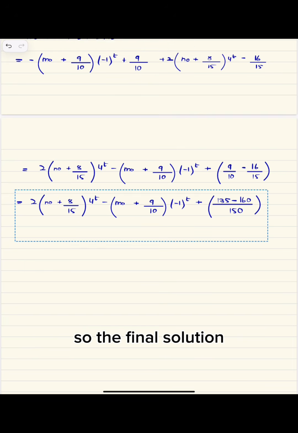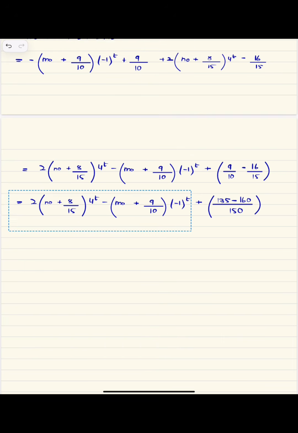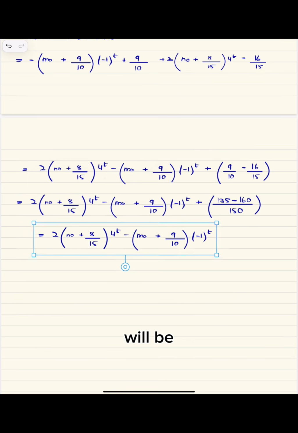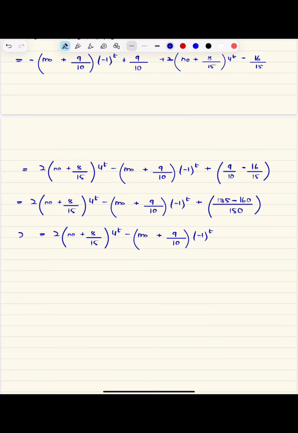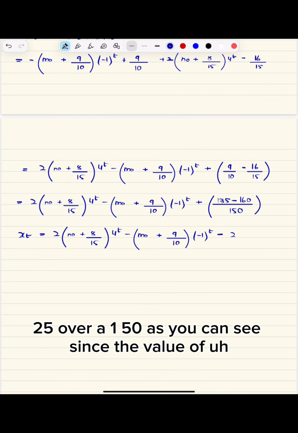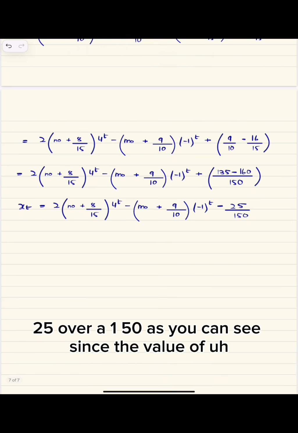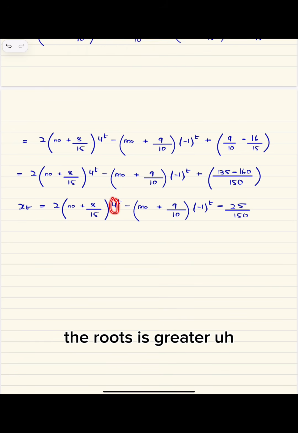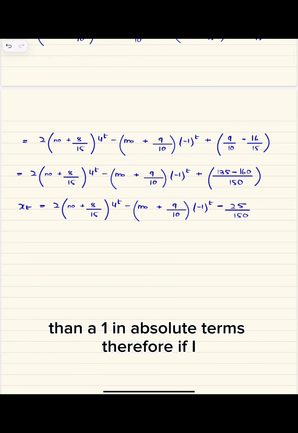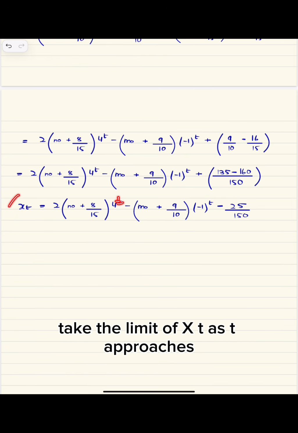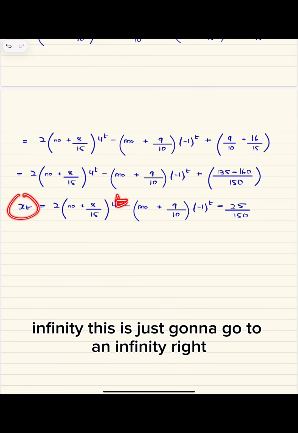So the final solution will be minus 25/150. As you can see, since the value of the roots is greater than 1 in absolute terms, if I take the limit of xt as t approaches infinity, this is just going to go to infinity, right?